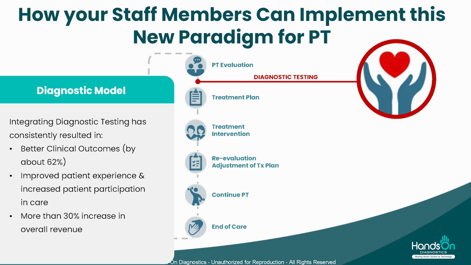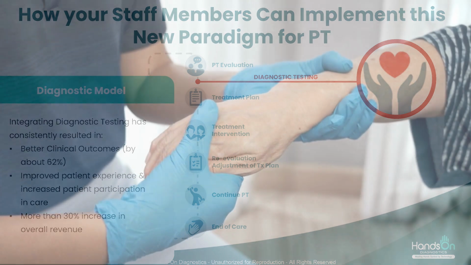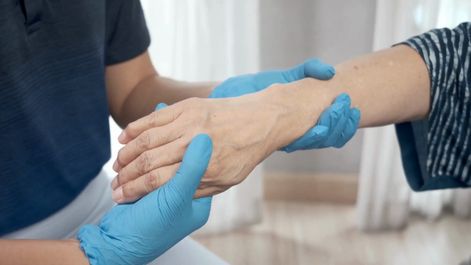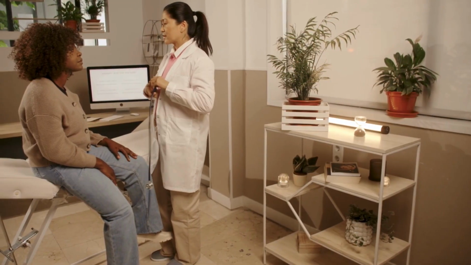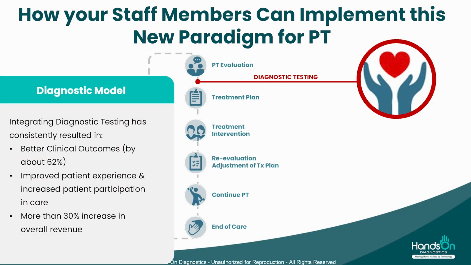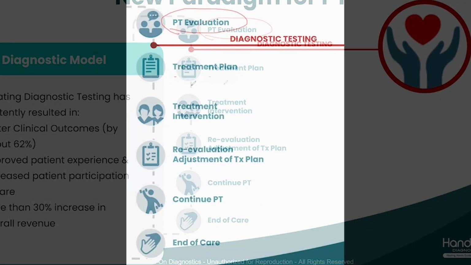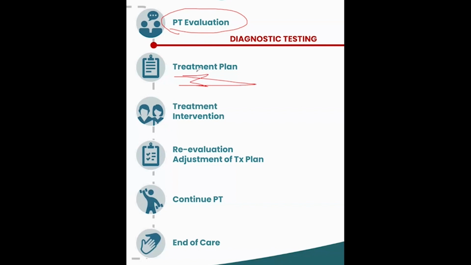What you usually do is you will do a physical therapy evaluation, an occupational therapy evaluation, a chiropractic evaluation, a medical evaluation, an assessment of that patient using physical examination tests. You will develop a treatment plan, some treatment intervention. You're going to reevaluate that patient. You're going to continue care. And at some point, you're going to end the care.